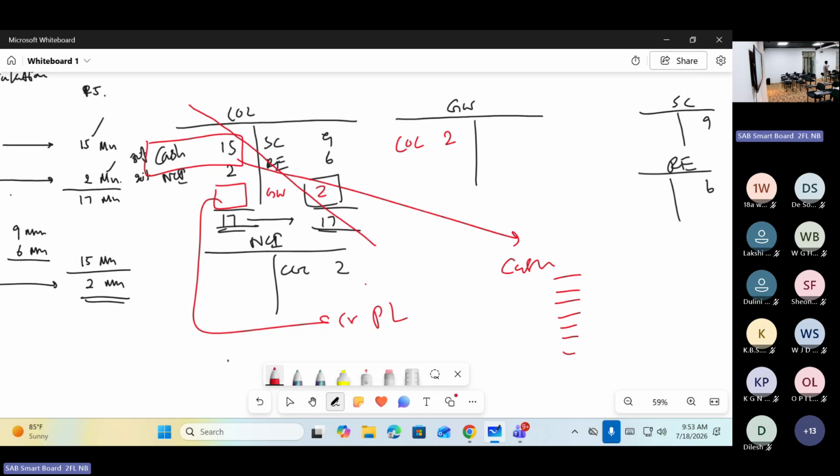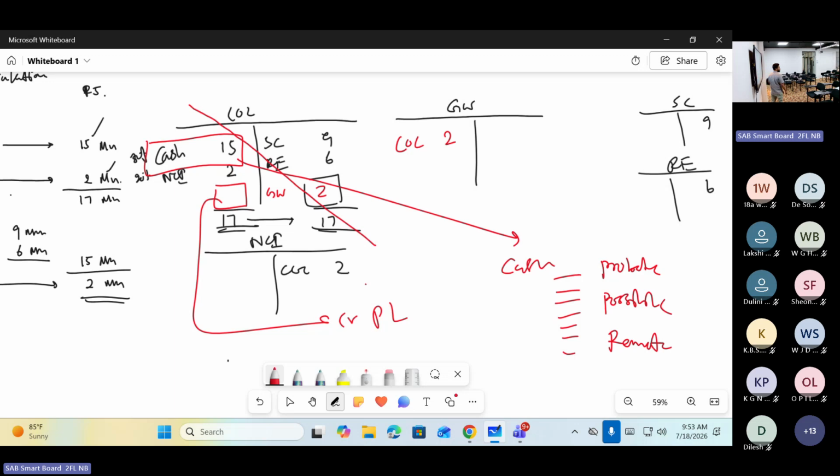To be contingent, it can't be remote; it should be possible. In accounting, we have 3 levels of certainty: probable, possible, remote.